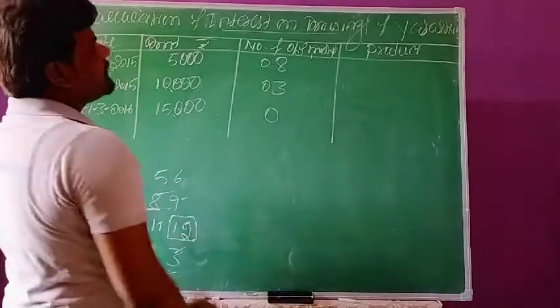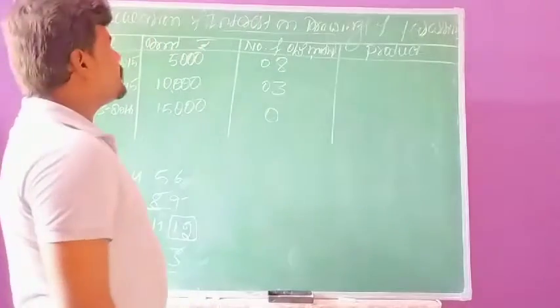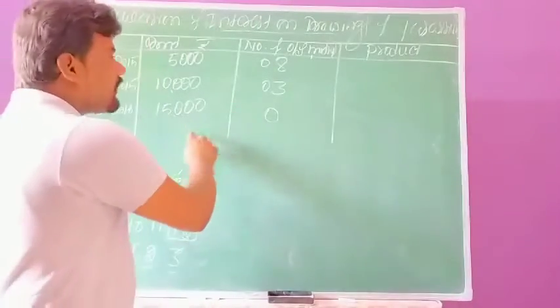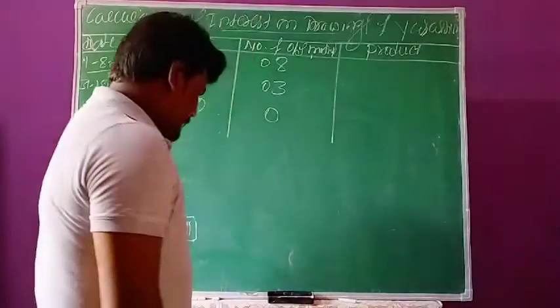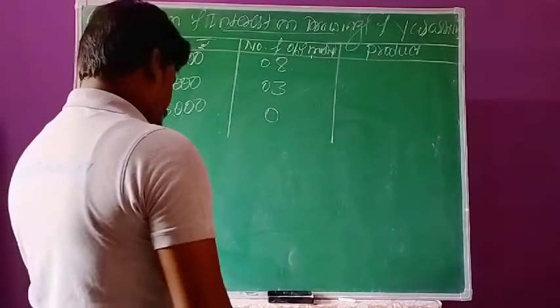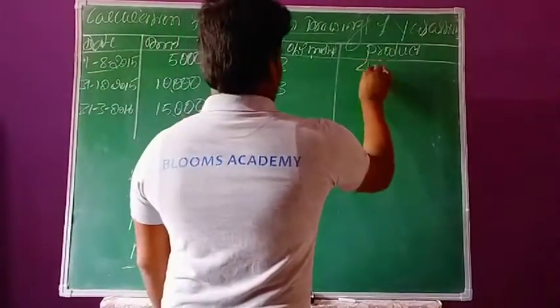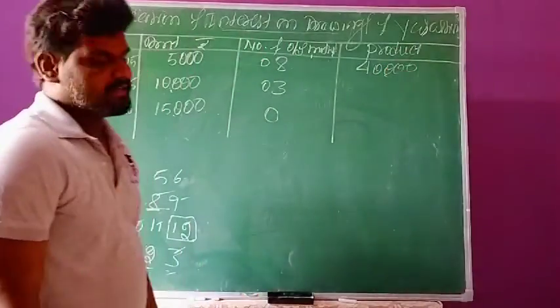Here we need to ascertain the product. To ascertain the product, we multiply the amount with the outstanding period. So 5,000 into 8 months: 5 eights are 40, so we get 40,000. This is the total product.